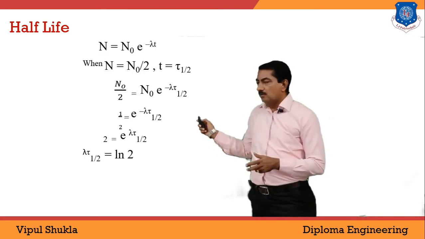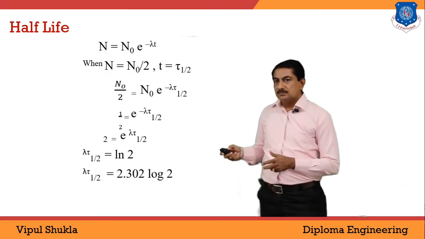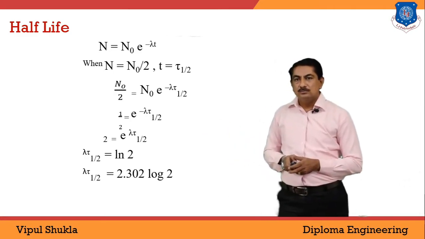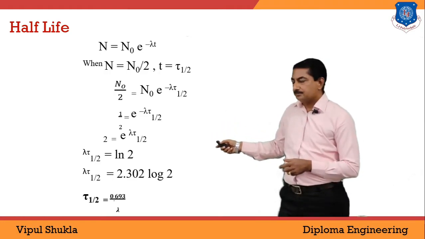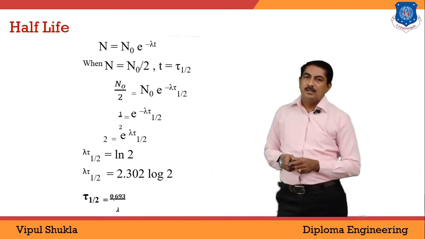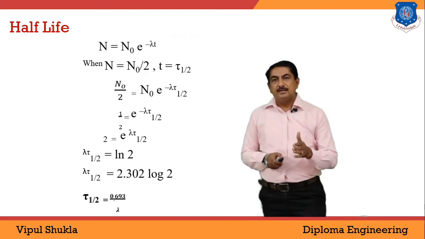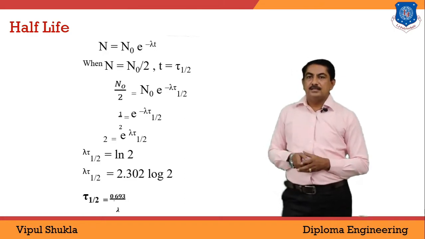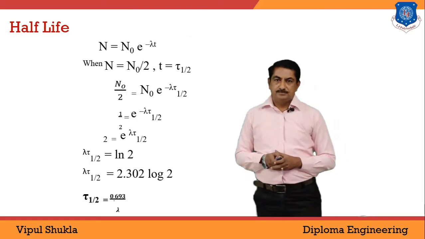We will get lambda tau half equal to ln 2. This ln 2 is converted into logarithm form, it is 2.303 into log 2. Making tau half the subject, it is 0.693 upon lambda. So this is the relation between half-life tau half and decay constant lambda. Or we can say that tau half is inversely proportional to the decay constant.